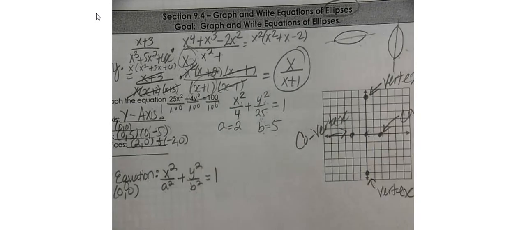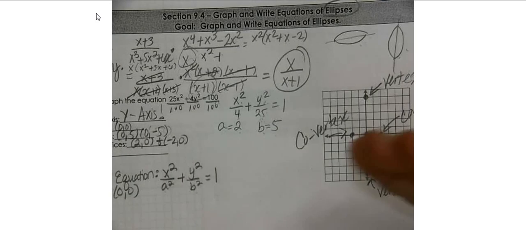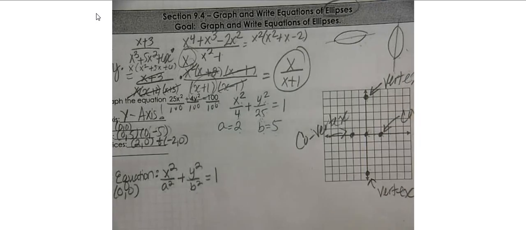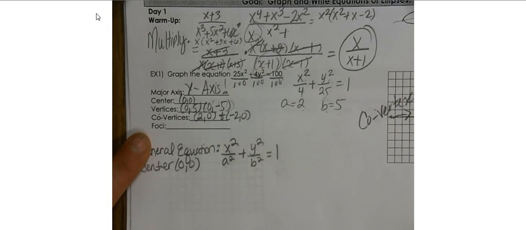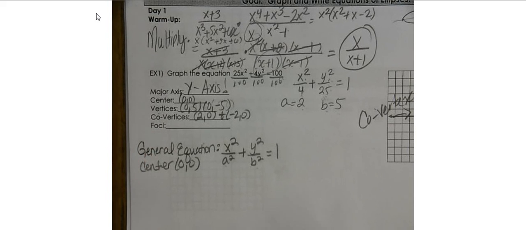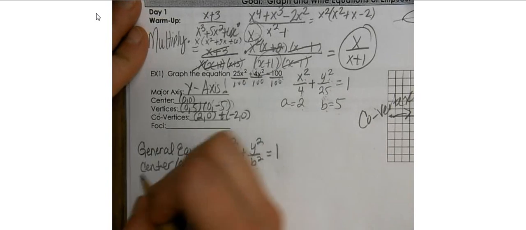Now we're almost done with drawing ellipses, but ellipses have foci. Foci means that it has more than one focus, and all ellipses will have two foci.